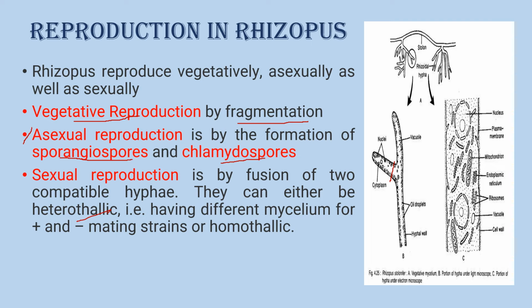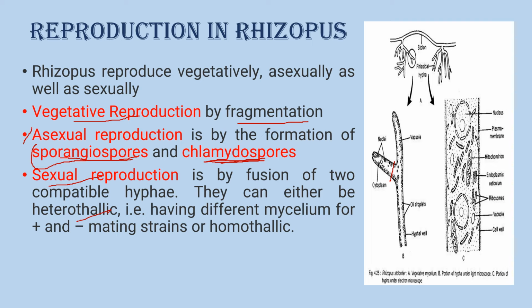Sporangiospores are produced when there is abundance of food and the temperature and humidity are very conducive for growth. But when the temperature is high and the humidity becomes low, with drought stress or water stress, then chlamydospores are produced. Sexual reproduction occurs after several rounds of asexual reproduction, when the fungal mycelium is fully mature and loaded with food material.